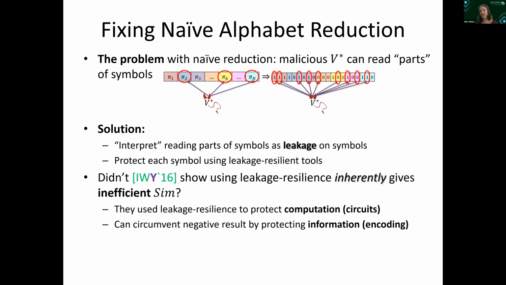We're interpreting something that is entirely different as the leakage. And we're going to use leakage resilience to protect something different, which is the information instead of the computation. So the leakage resilience that we're using, leakage resilient encodings, is a much weaker primitive, and this allows us to circumvent the negative result of Hazay et al.